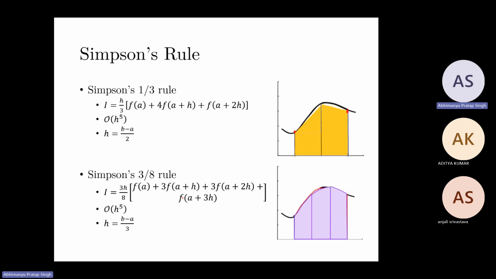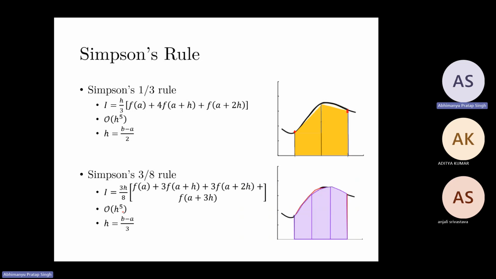And we evaluate the function at each of those 4 points, and we get this formula. Okay, so f(a) plus 3 times f(a plus h), 3 times f(a plus 2h), and f(a plus 3h), and then we multiply it by 3h by 8. We equate this last part to b, and then we get the value of h as b minus a by 3. The order of approximation is similar to the 1/3 rule, h to the power 5.